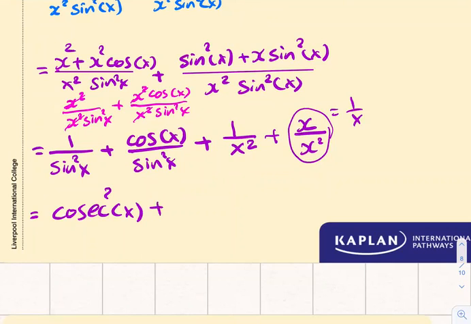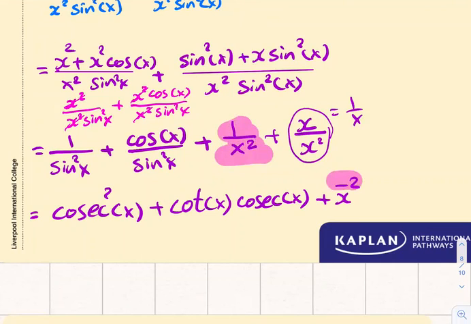So plus cot x cosec x, because 1 over sine is cosec, plus x to the power minus 2. This is this one here. And plus x to the power minus 1. So that's so far just simplifying this way. And yeah, let's put the dx.